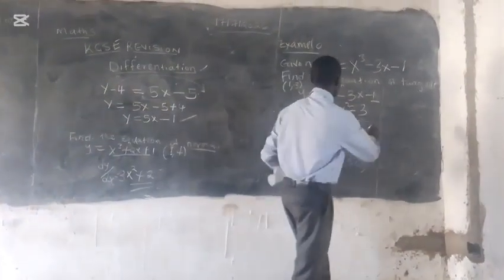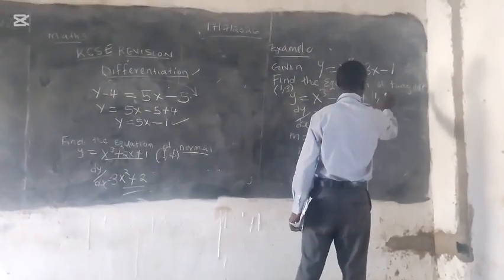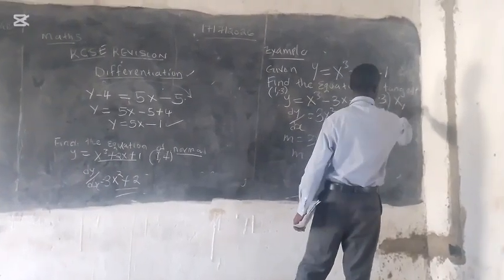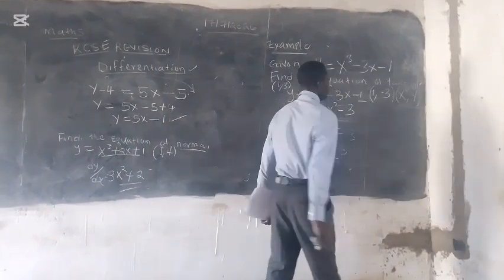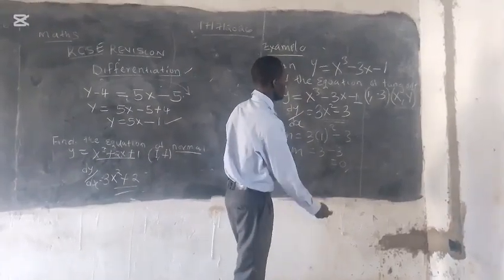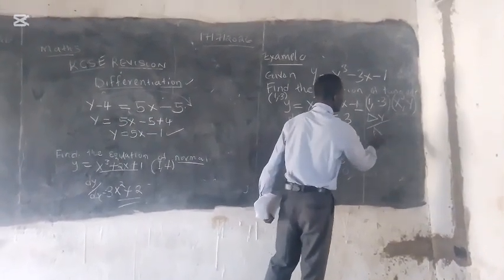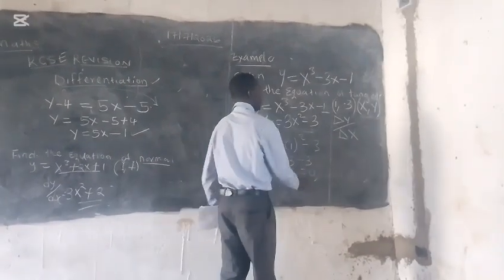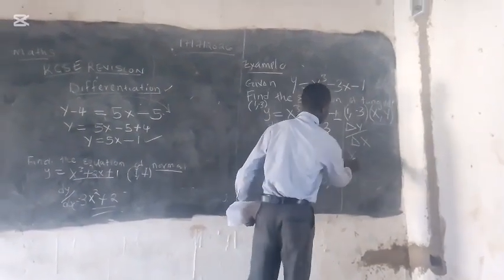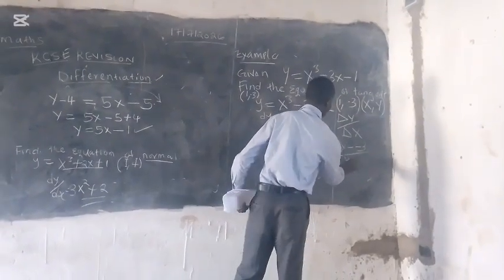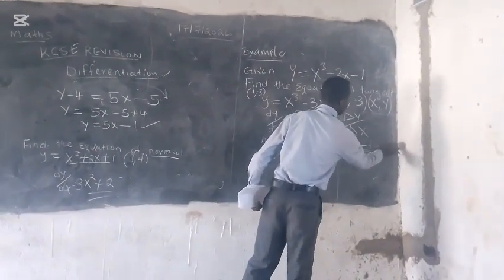Students, now we have a point 1, negative 3. You introduce another point with unknowns, x, y. Now we say that gradient is change in y over change in x. Now change in y is y minus negative 3 over x minus 1 equal to 0 over 1.